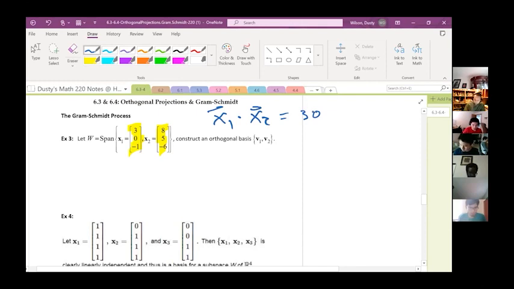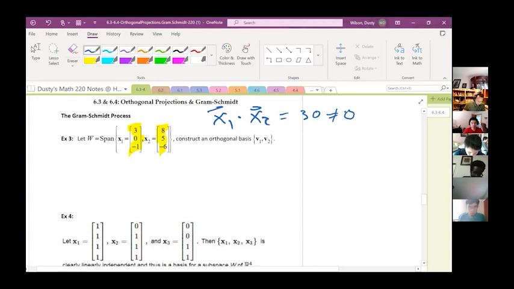Yeah, from Felix, 30 is, after careful analysis, not 0. So this is not an orthogonal basis for W. But we like orthogonal bases. We have a basis, and we like orthogonal bases. Is there any way of using this basis that we're given to construct an orthogonal basis? Good news, the answer is yes.